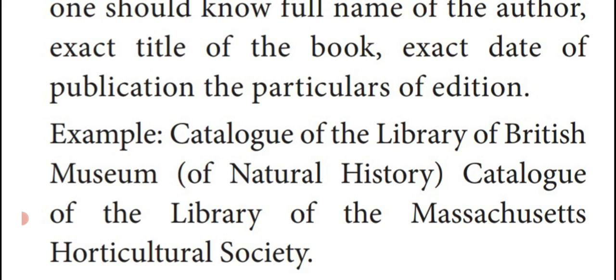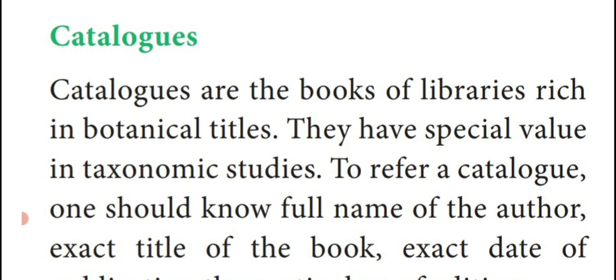Example: Catalogue of the Library of the British Museum of Natural History, and Catalogue of the Library of the Massachusetts Horticultural Society. These are the two libraries which have botanical title based books.